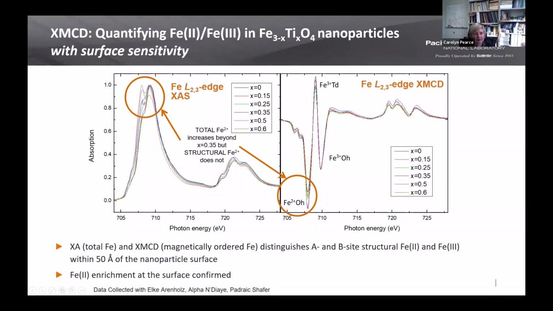So we're seeing in the XAS a lot of the iron 2+ signal increasing, but in the XMCD, it stops increasing at about an x of 0.35. That suggests, because we're not getting that magnetic response, we're not actually doping the iron 2+ into the structure anymore, and it's actually a separate iron 2+ rich phase that's not part of the titanium magnetite.